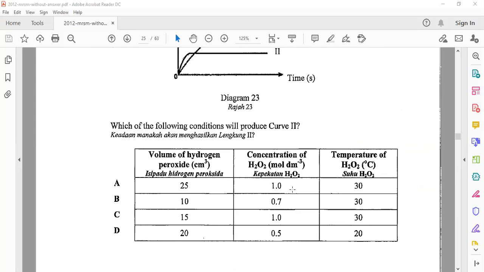So now when you do your calculation, first of all, you do your MV over 1000.